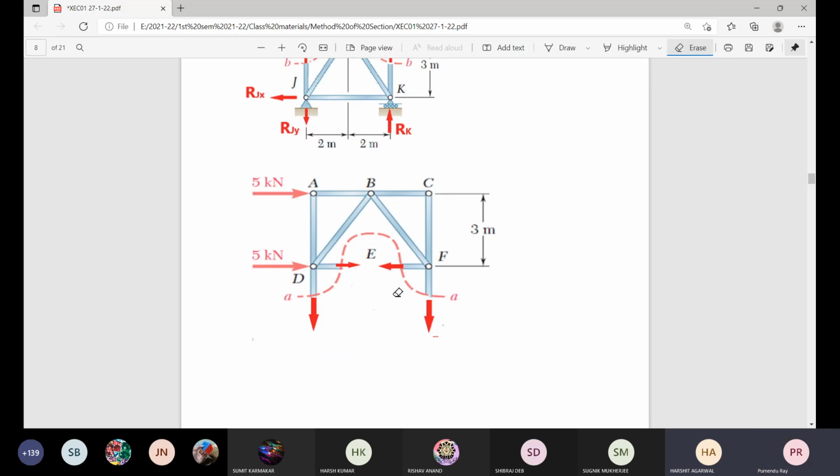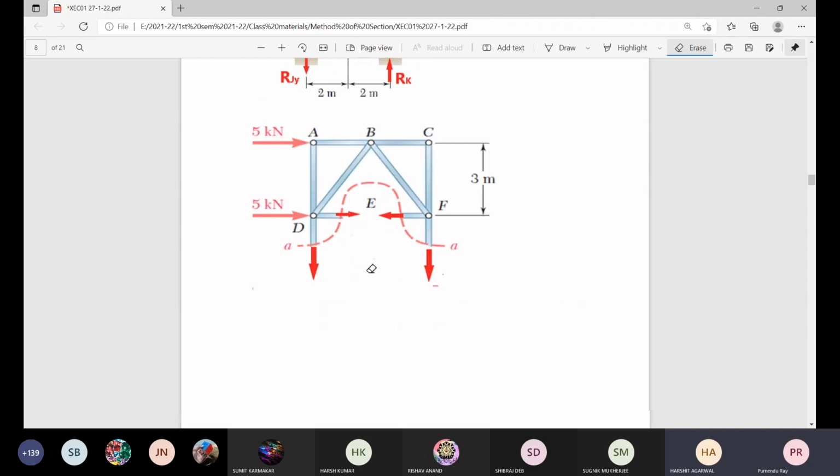Here, there is no such Rjy and Rk. So now it is okay. Sigma Fy will give you directly the value of dg or Fi if one is known already by that sigma M is equal to 0. Okay, so this is the upper part equilibrium.